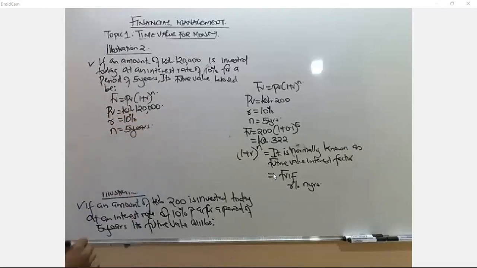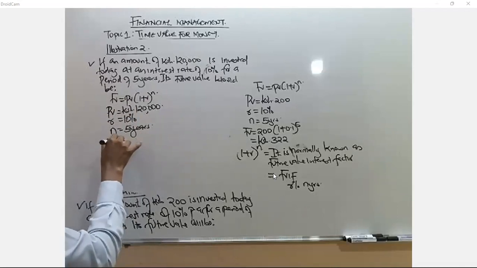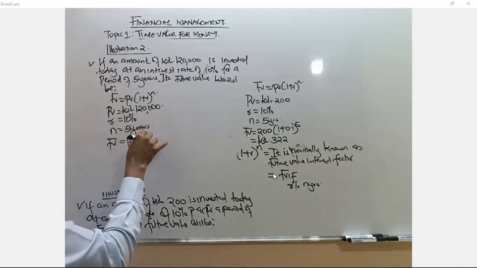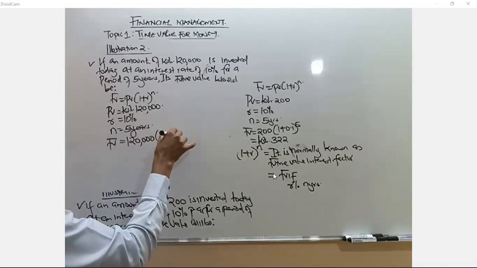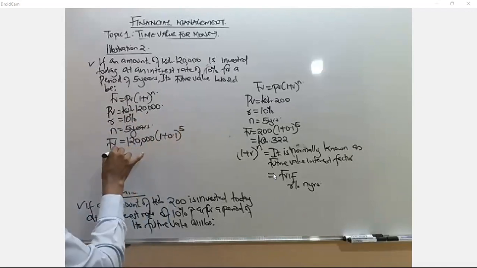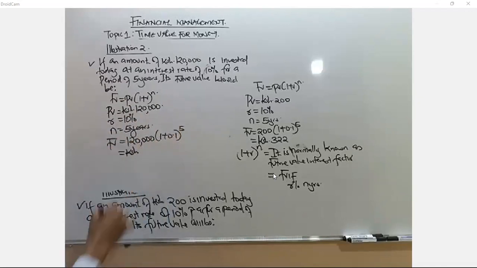So the future value will be equal to 120,000 times 1 plus 0.1 raised to power 5. How much is it in Kenyan shillings?